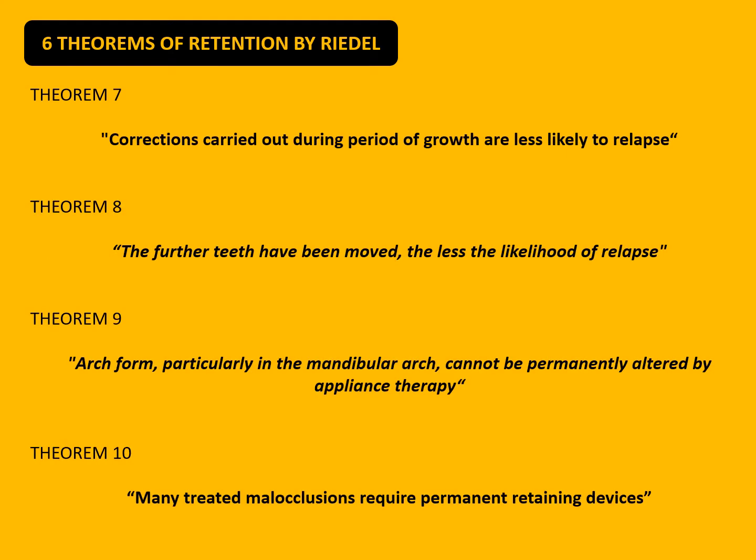Theorem 7, corrections carried out during period of growth are less likely to relapse because the growth will aid in creating enough space for these newly moved teeth, and hence corrections carried out during this period are less likely to relapse because the perioral musculature and the perioral tissues will adapt to the newly moved teeth as there is still enough growth left.